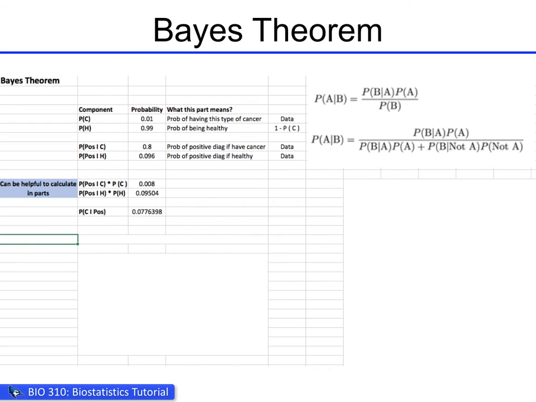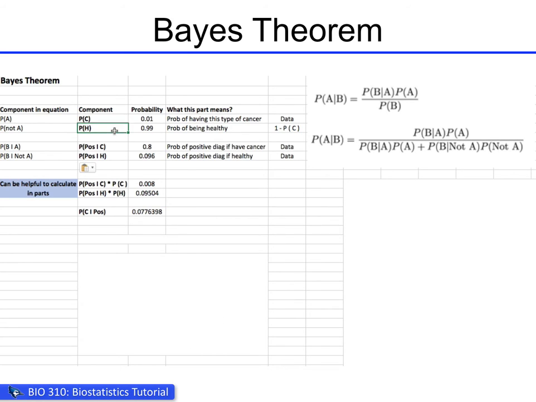Another thing that can be a little helpful here is to look at the components that we have defined and put them in terms of the equation over here. The probability of having cancer would be equivalent to the probability of A over here.